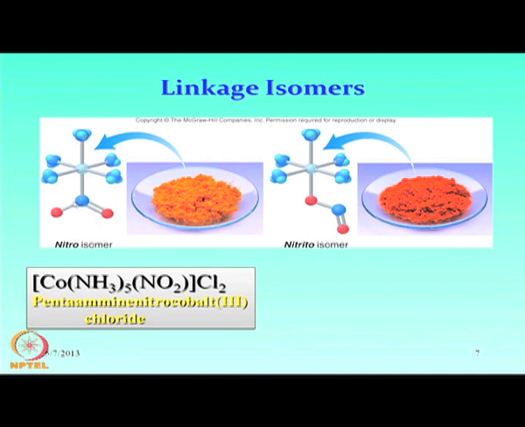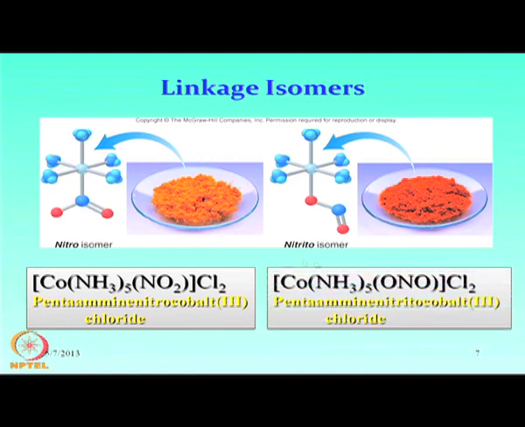That means the coordination sphere is CoN6, all nitrogen, 5 of one type and 1 of a different type, in the pentaamminenitrocobalt(III) chloride compound.